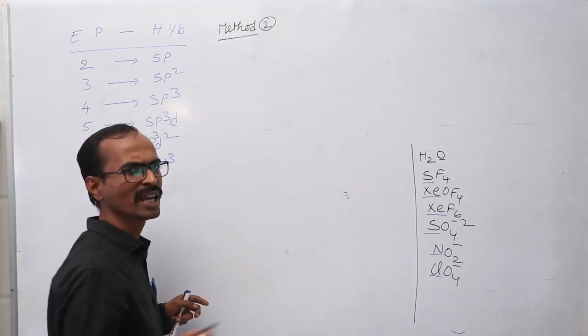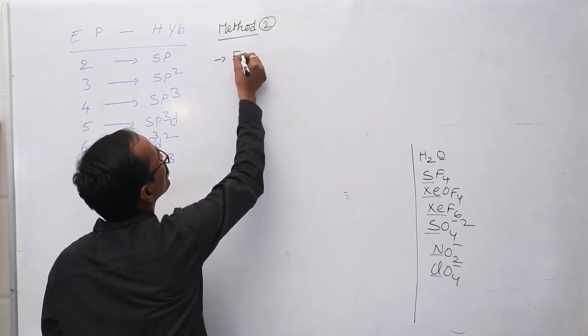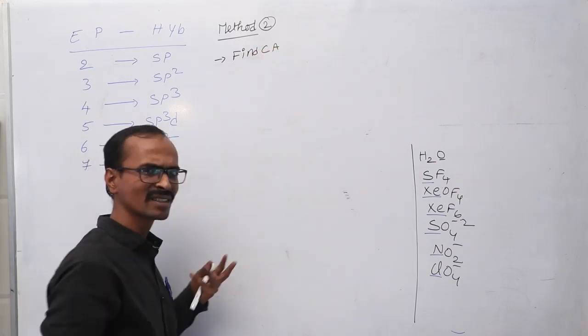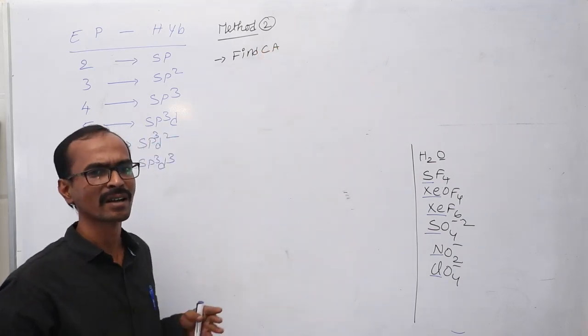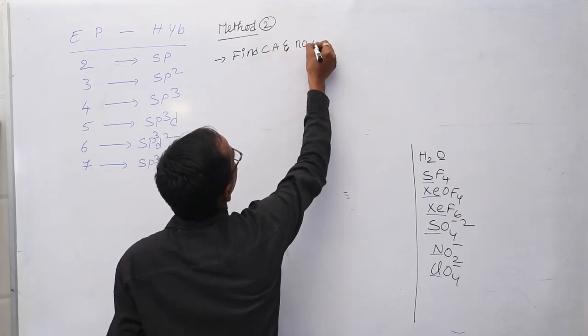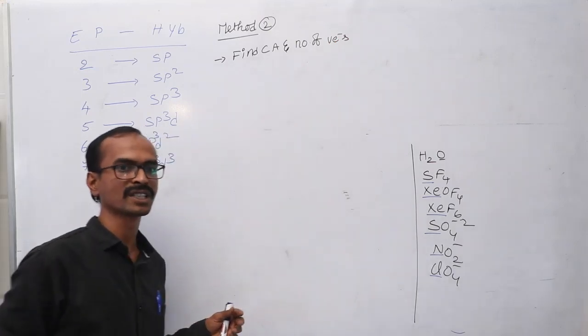Right? So same, what you have to do in this method also, you have to find the central atom. The first point, everywhere it is common: find the central atom and find the number of valency electrons in that central atom. That is the first point.